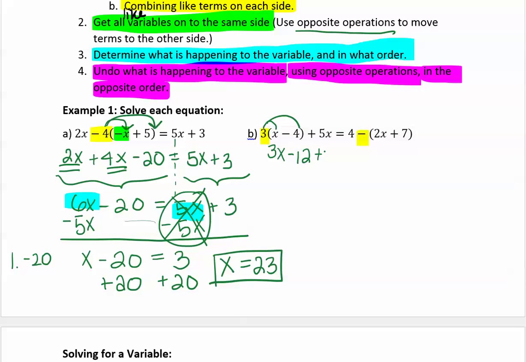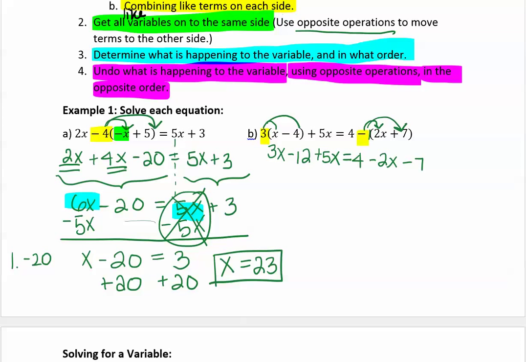Copy everything else verbatim on that side. So just plus 5x. The 4, not doing anything with it. I'm only distributing a negative. Think of it like a negative 1. So I'm distributing a negative 1 to the parentheses here. Negative 1 times 2x is negative 2x. Negative 1 times 7, negative 7.